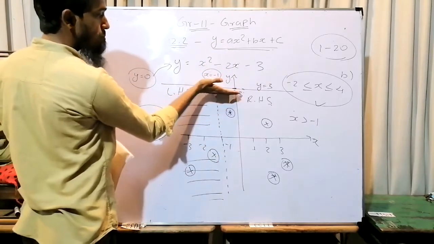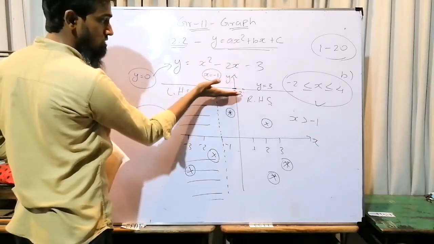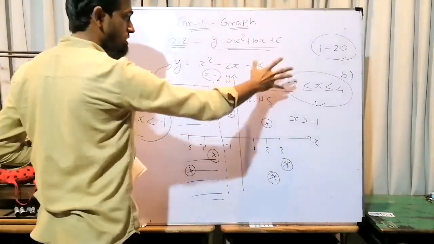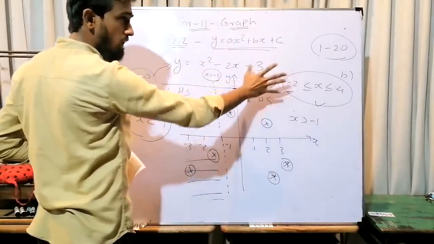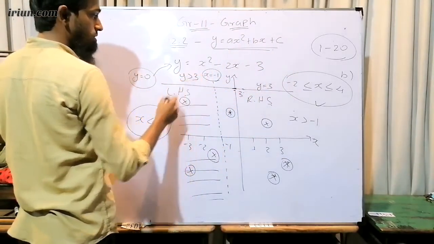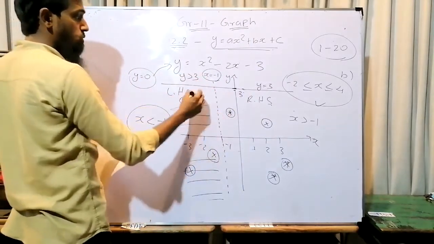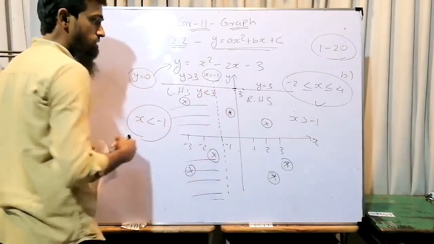For the upper part of the straight line, if you check any points, the y values are greater than 3. So y greater than 3. For the bottom part, y less than 3.